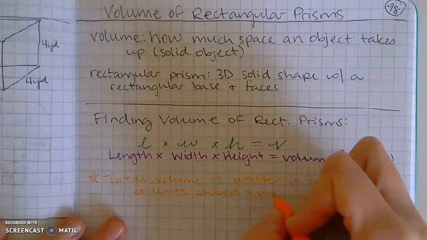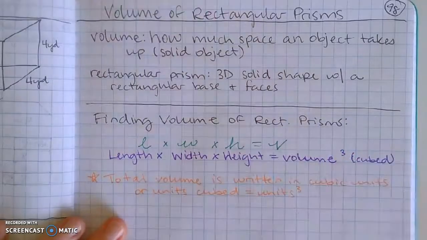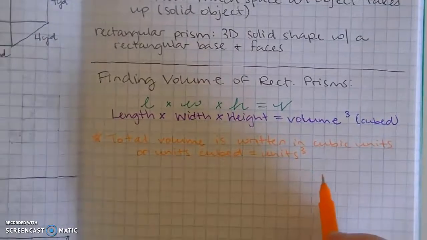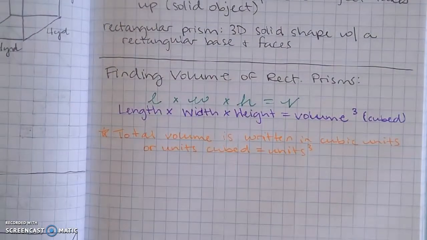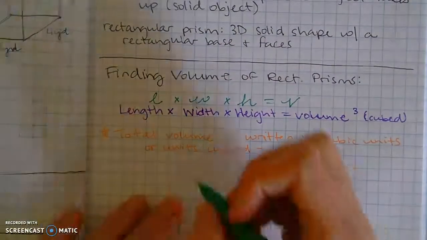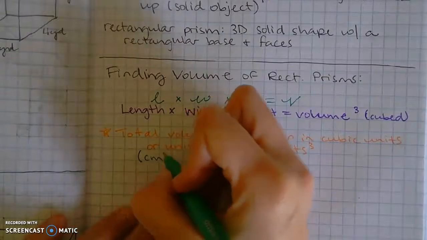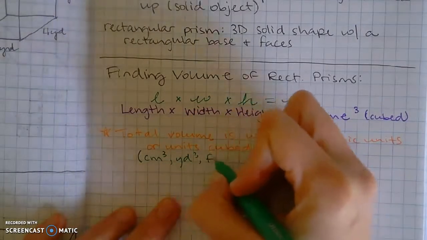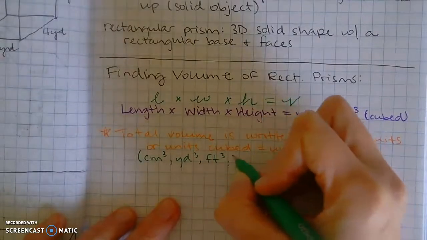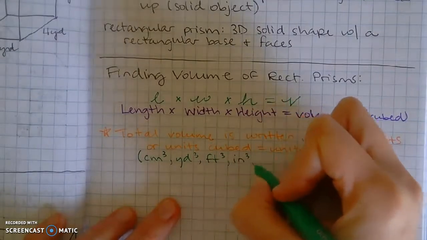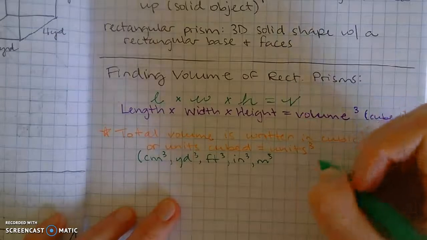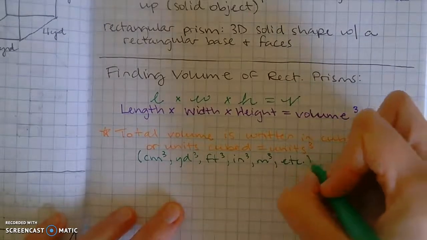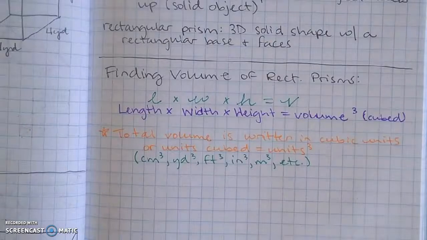So you might see it units cubed, okay? So that 3, that's to the power of 3. Examples of those would be centimeters cubed, yards cubed, feet cubed, inches cubed, meters cubed, etc. Whatever other measurements you might see, okay?